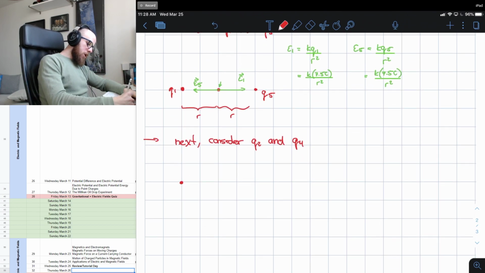Q2 is somewhere up around the circle here, Q4 is also up around the circle, and the origin is somewhere down here in the middle. Both of them are a distance of r away from the origin.